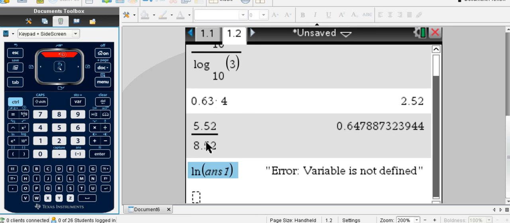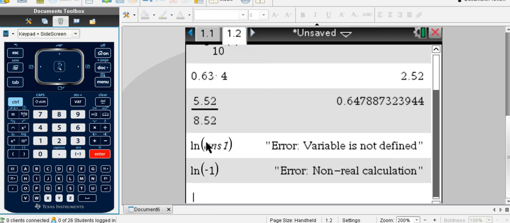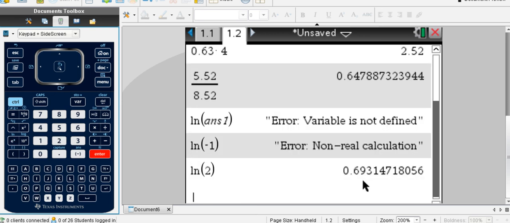Whoops, what happened here? I'm sorry. Let's try this again. Of negative 1, you'll see it's not real. And then the natural log of 2, though, we will use for our actual answer. So that right there will be the answer we're looking for.